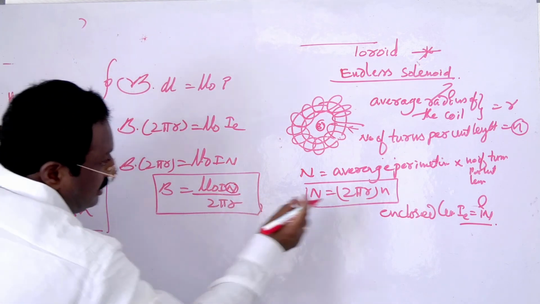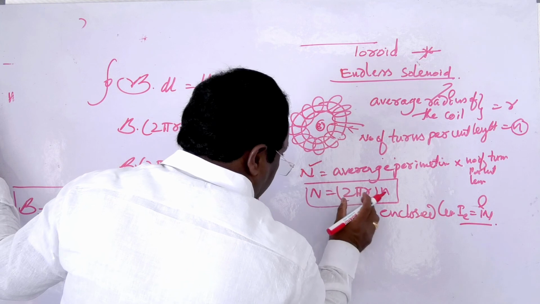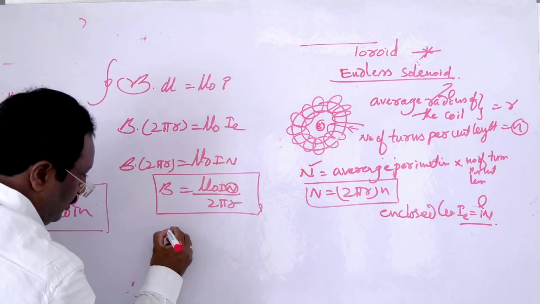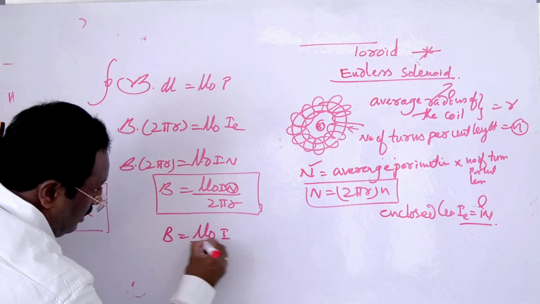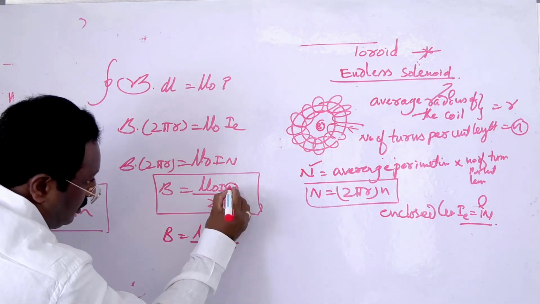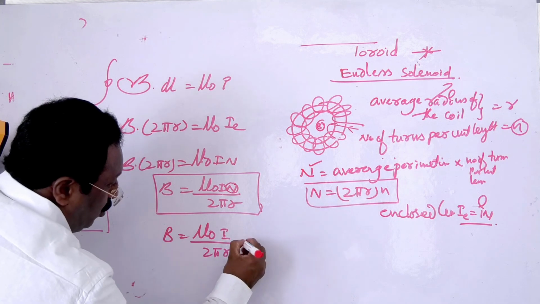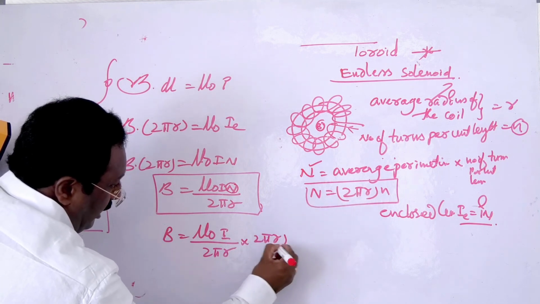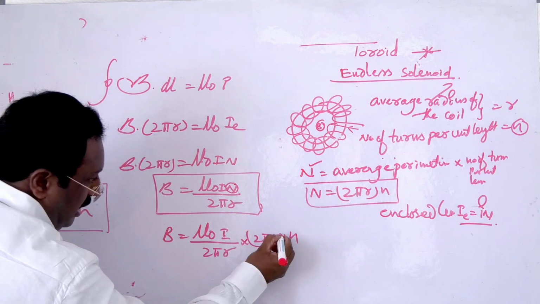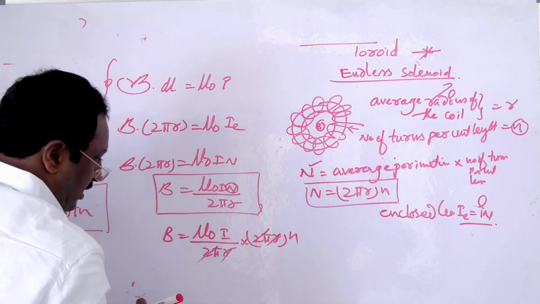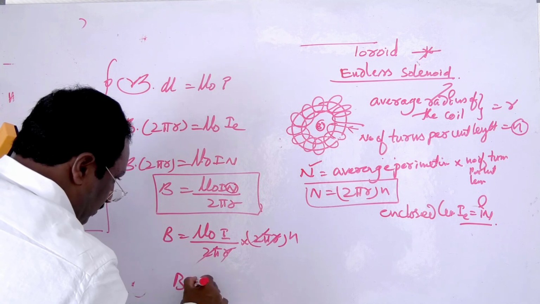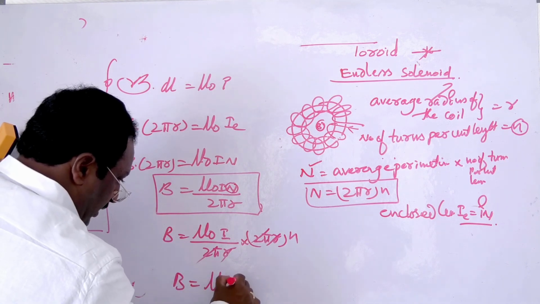Total number of turns. Instead of capital N, if you take this value, B is equal to mu naught I by 2 pi r. So instead of capital N, I want to take 2 pi r into n. r cancels, 2 pi cancels. Now B becomes mu naught I n.